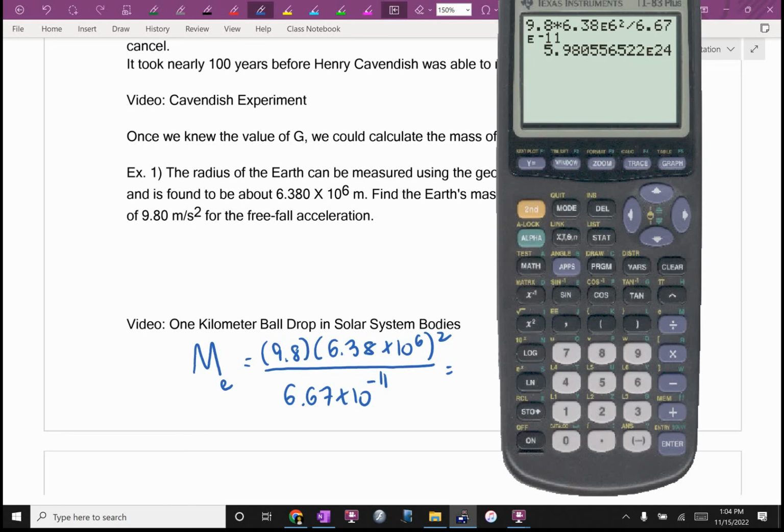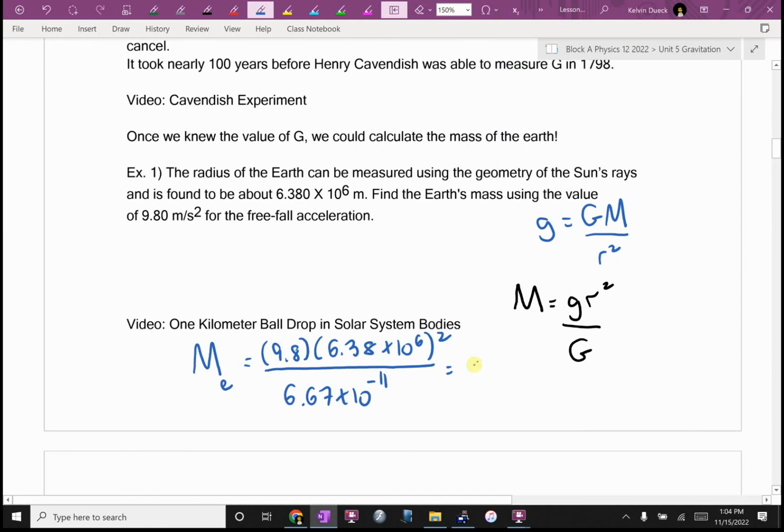Did you get that okay? So did Cavendish, by hand, so this took him a long time to do this math by hand. But he wrote this out, 5.98 times 10 to the 24th kilograms. And he sat there just stunned because this was way too heavy from what they'd thought.